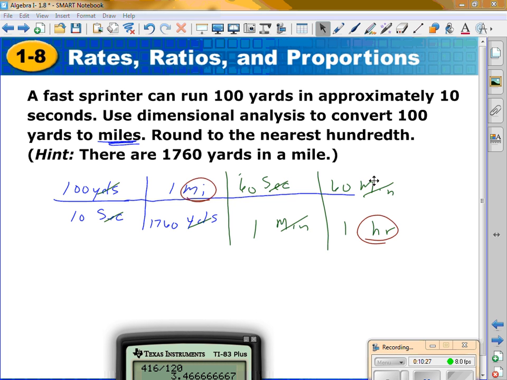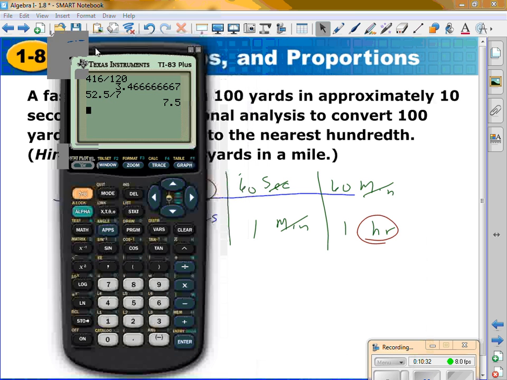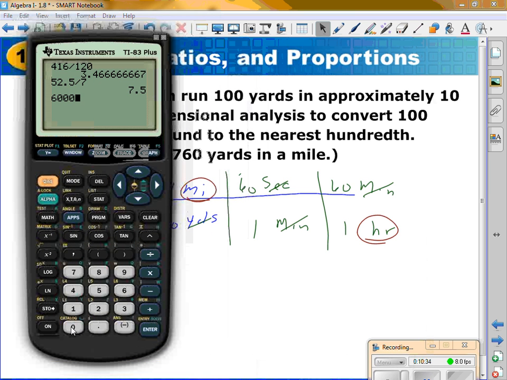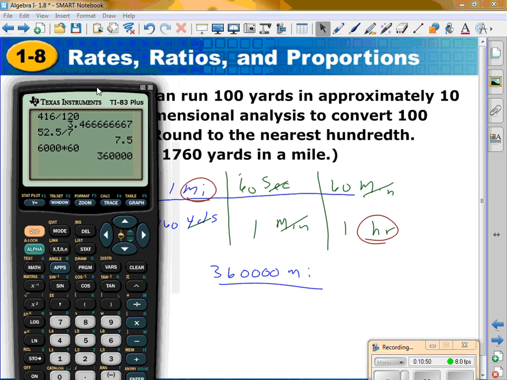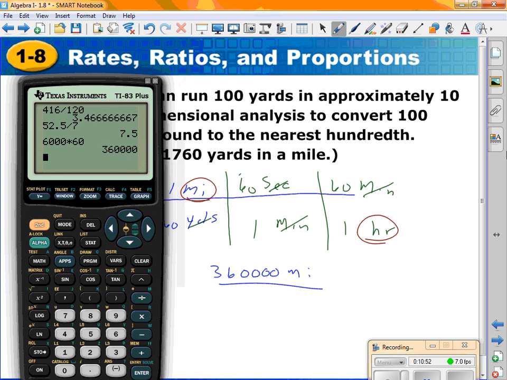To solve, multiply straight across. So I have 100 times 60. 100 times 60 is 6,000. Times by another 60. So I have 3, 6, 1, 2, 3, 4 miles per 1760 hours, which I'm going to take and divide.